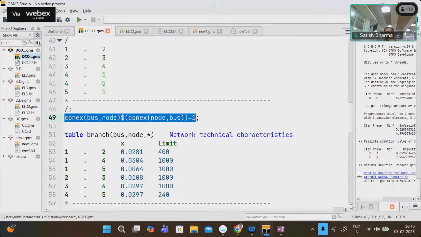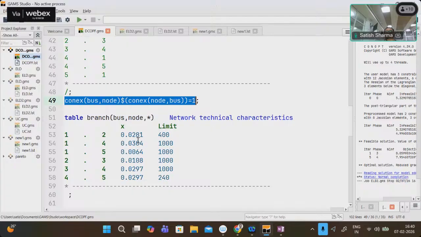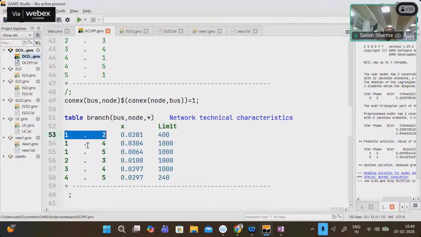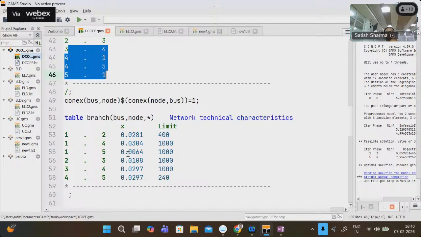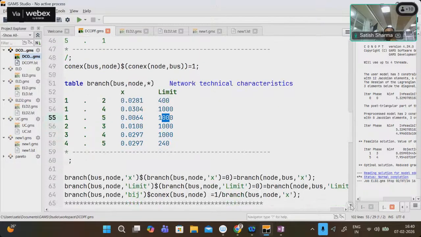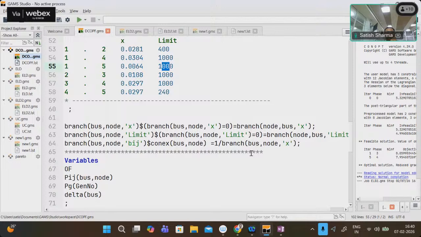Then next is some parameters. We have defined these connectivities like 1 2, 1 4, the same connectivities. And we have defined some x values, the reactances, and these are the line flow limits of these branches. This is also provided in the table.